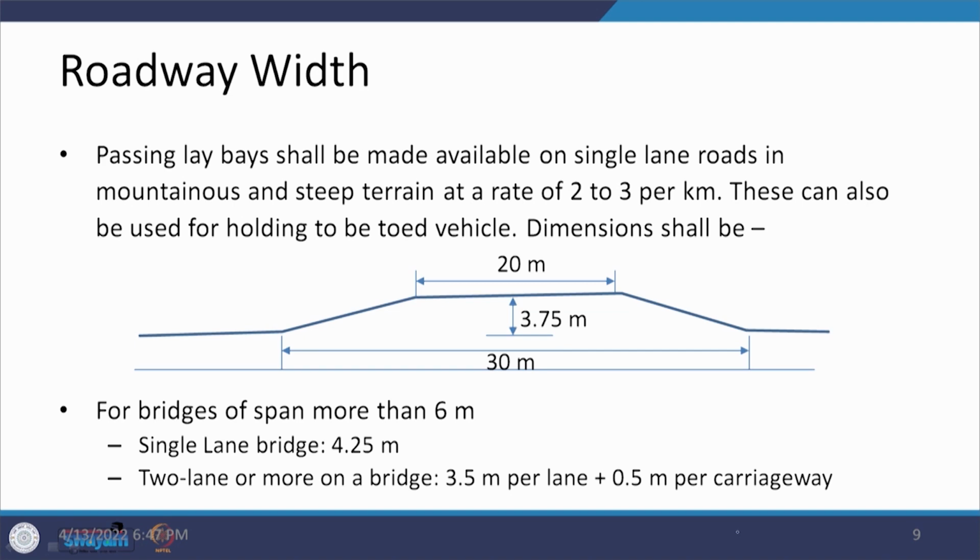At the same time, there may be a possibility some vehicle has gone down or it is not performing. So, it is a broken vehicle that has to be placed on one side. So, this space can also be utilized for that reason.